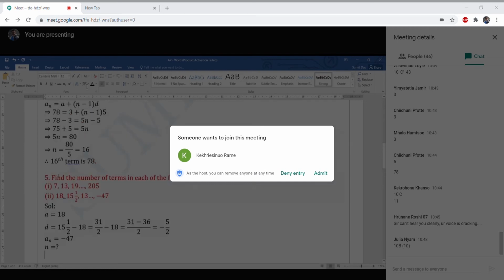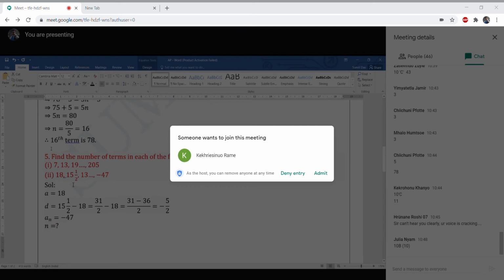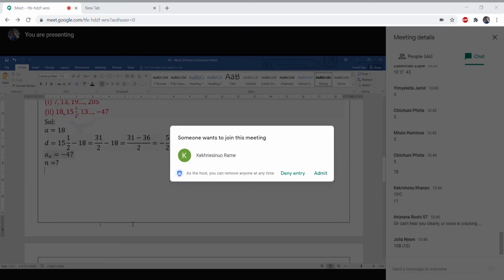Same as before, we know this, and start like this: minus 47 equals a value 18 plus n minus 1 into d value, which is minus 5 by 2.